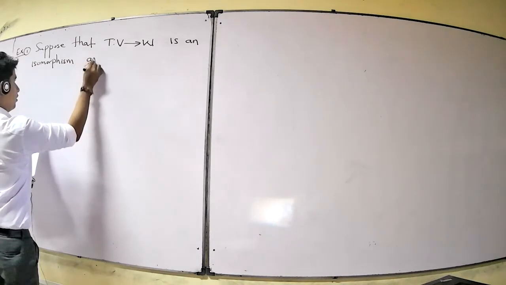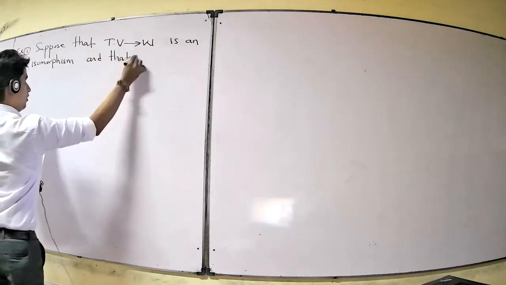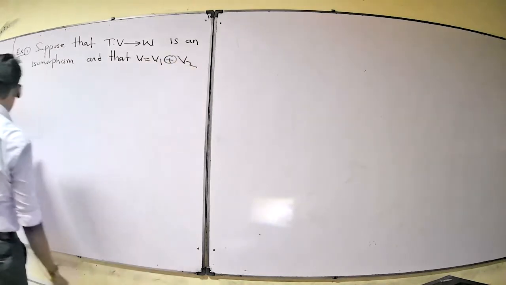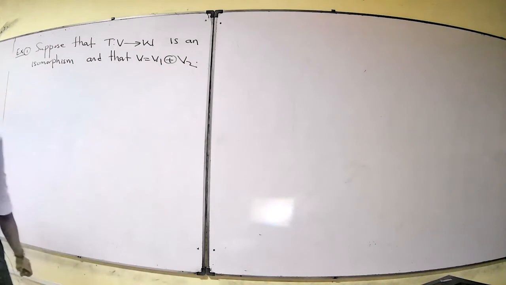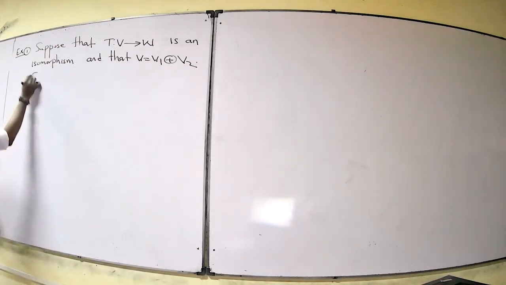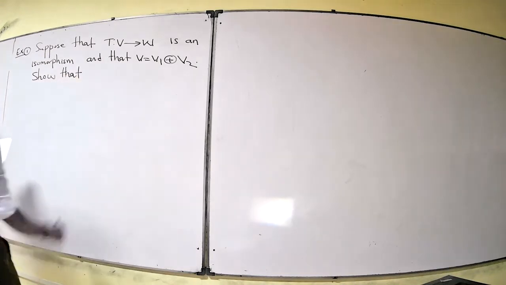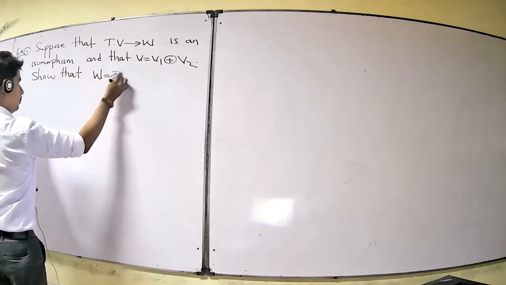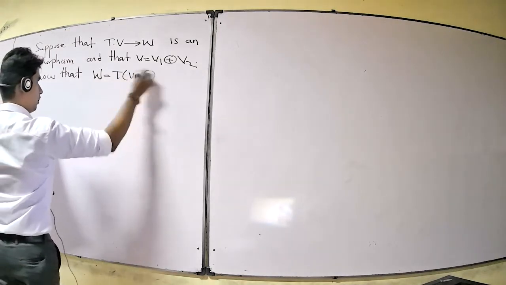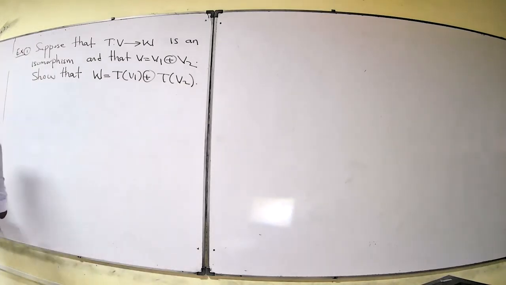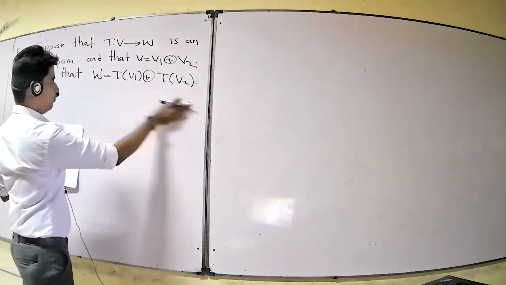And that V equals V1 direct sum V2, so that W equals direct sum of T of V1 direct sum of T of V2, okay?